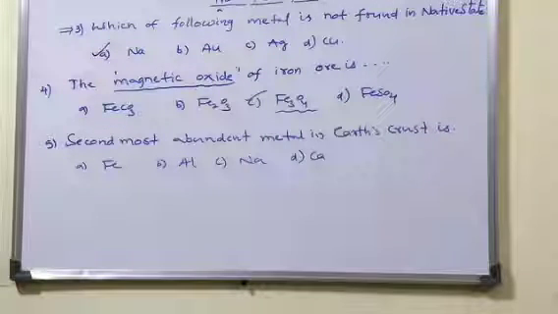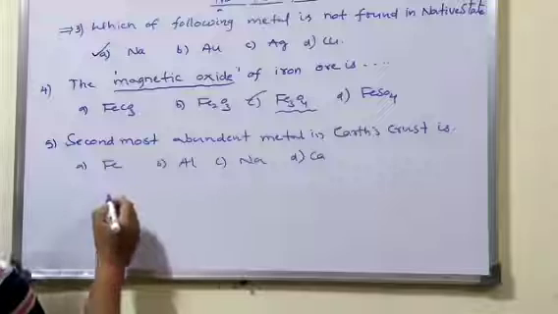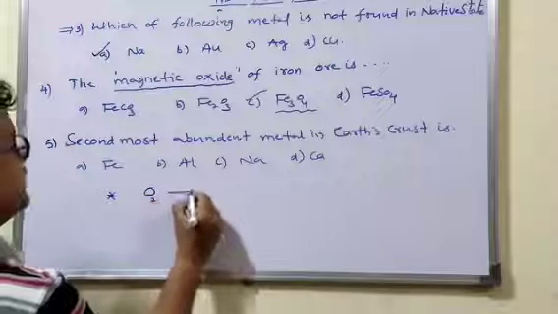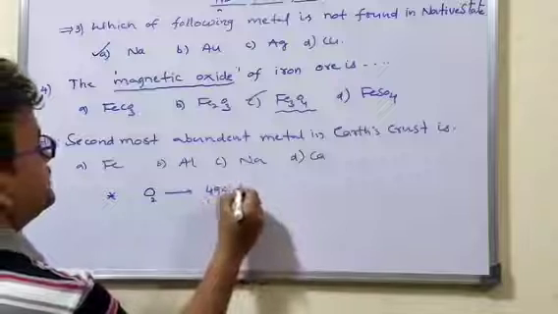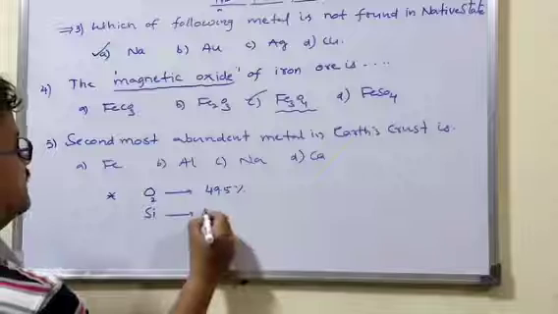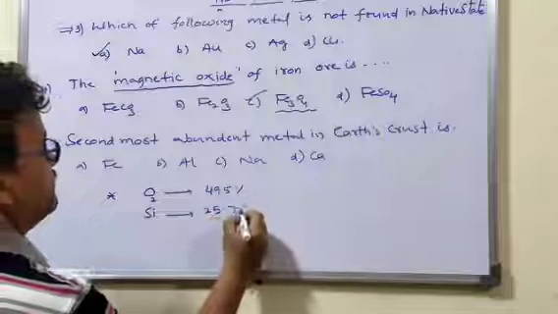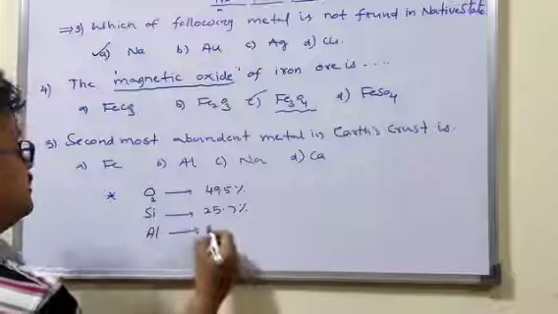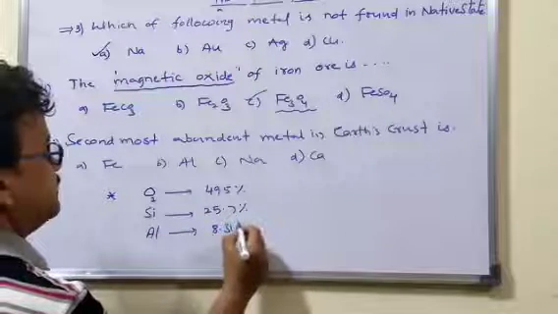So for abundance we have to remember what percentage they are there. As we discussed, the most abundant element is oxygen, 49.5%. Second abundant element is silicon, 25.7%. And third element is aluminum, 8.31%.